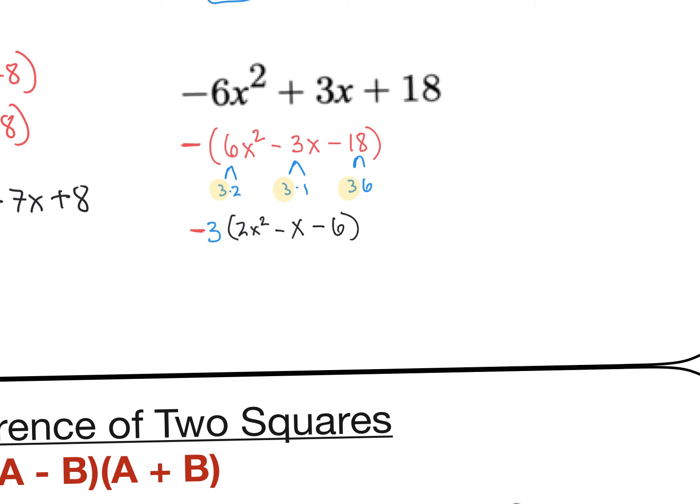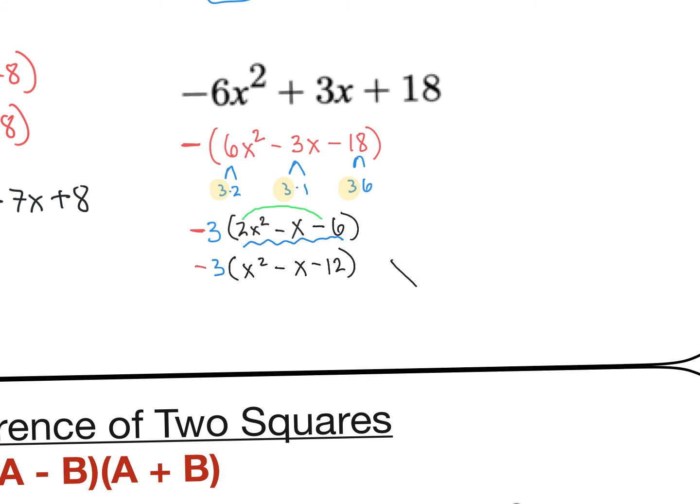And so now we need to go ahead and focus on factoring this part like we did in some of the previous examples. So doing that out, I'm going to do a quick rewrite. So I have the negative sign, 3 that I brought out, and I have x squared minus x minus 12.